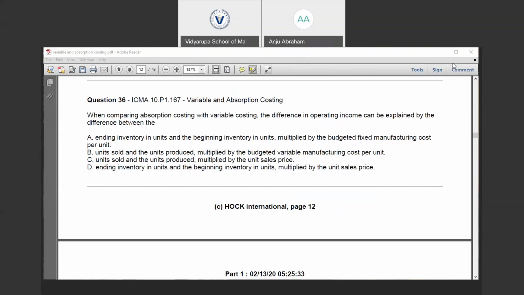Is the difference between the operating income from options A, B, or C, which is the right answer?